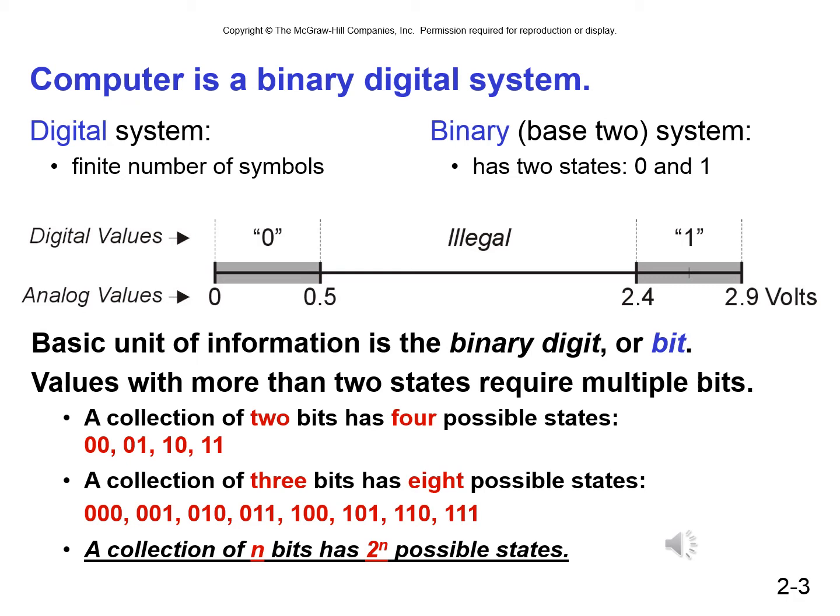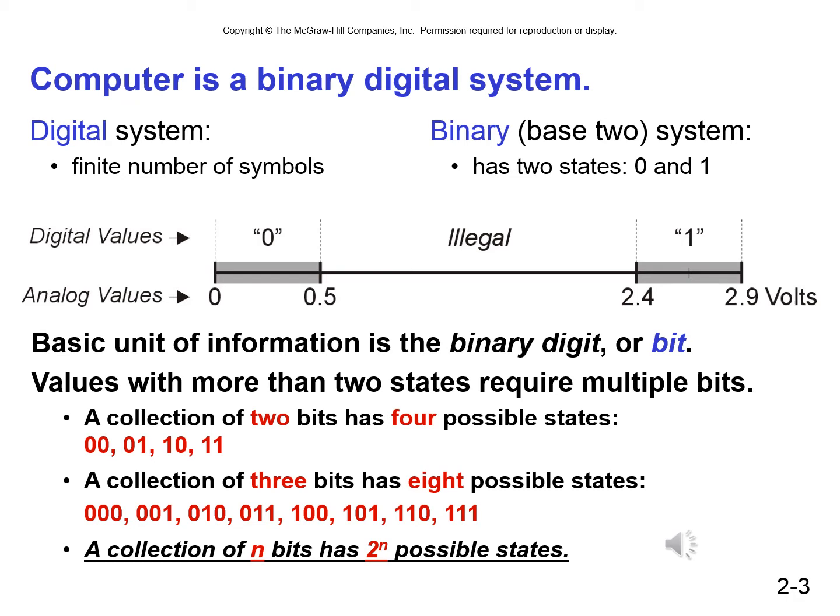So it has two states, if you will. State 0 means there's no voltage. State 1 means there is voltage. Now, we're going to combine multiple bits to represent values with more than two states.